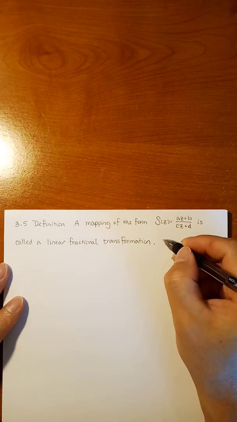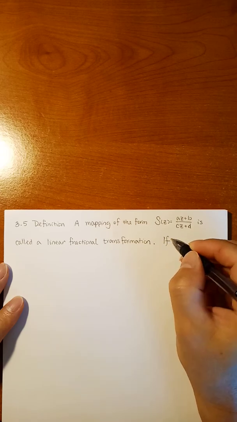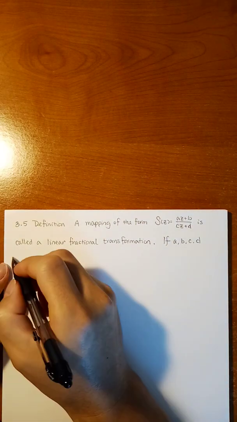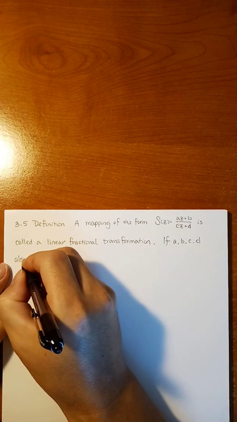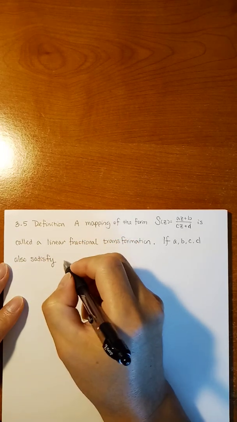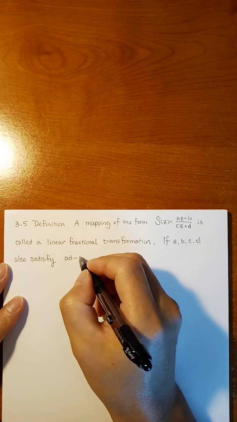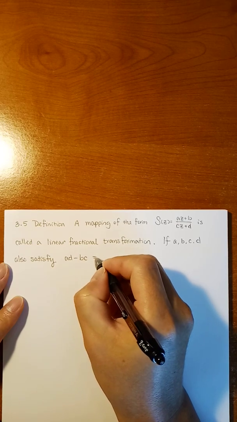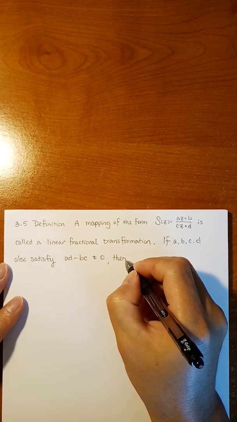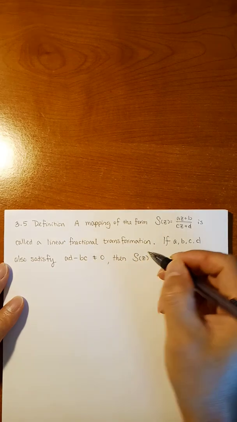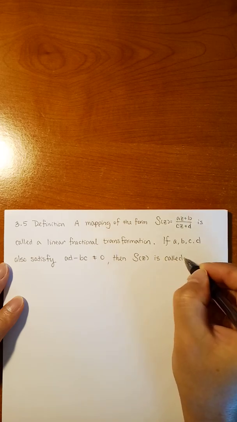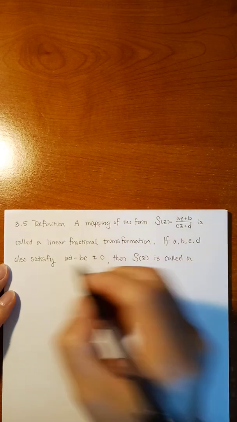And if a, b, c, d also satisfy ad minus bc is not equal to 0, then S of z is called a Mobius transformation.